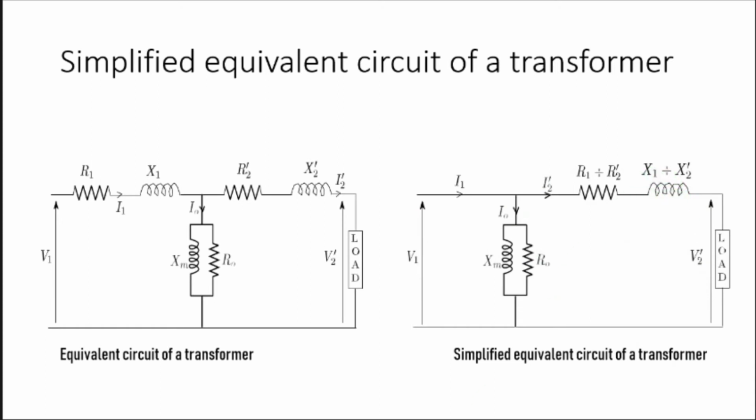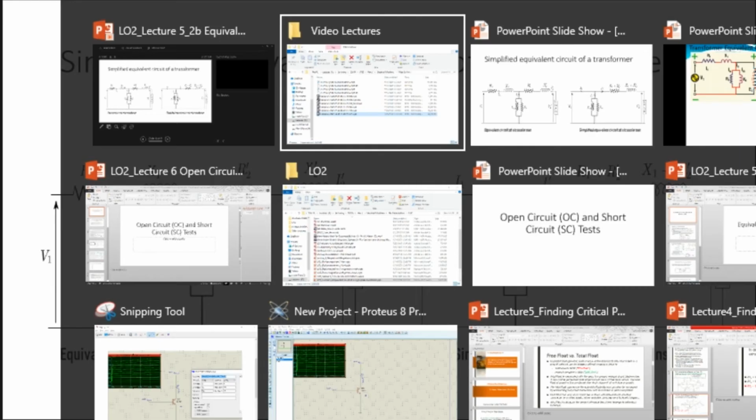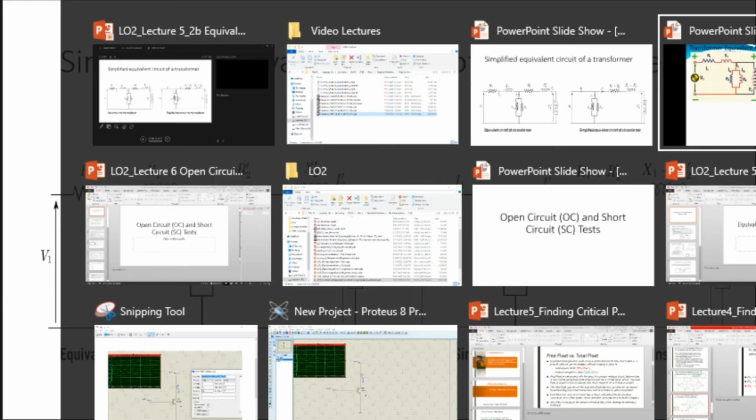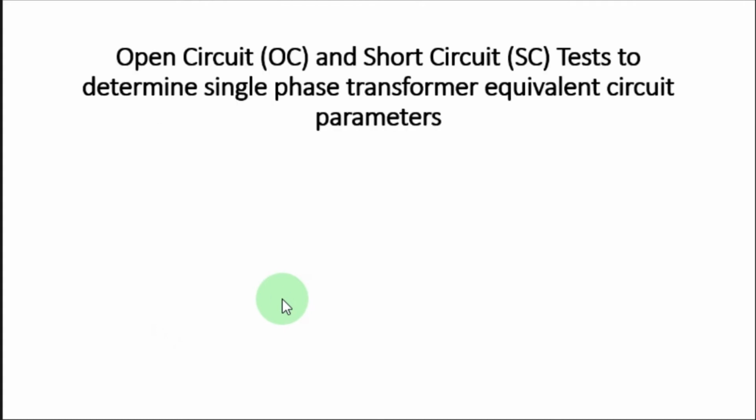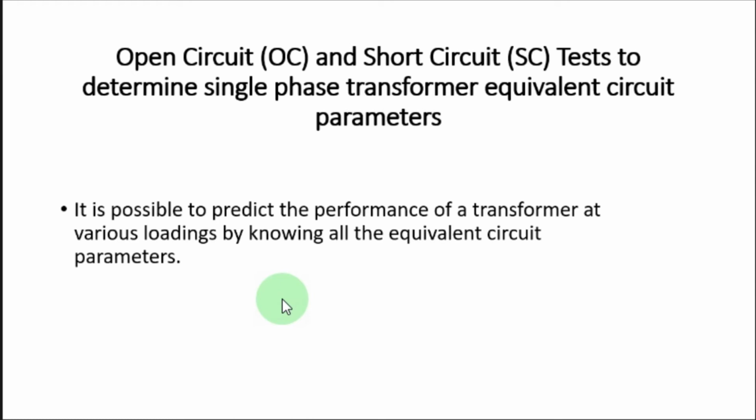So now I think we can come to today's lecture, that is how to find these parameters using open circuit and short circuit tests. Right. So it is possible to predict the performance of a transformer at various loadings by knowing all the equivalent circuit parameters.